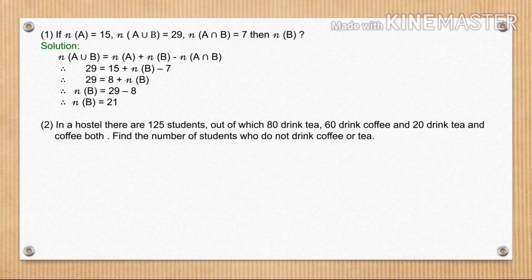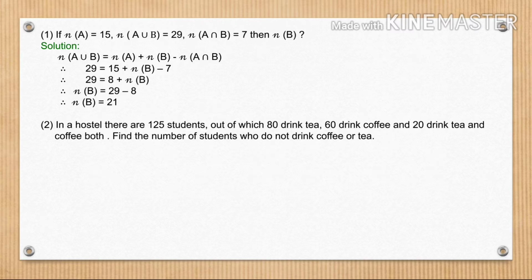But it does not mean that 80 students drink only tea. These 80 students drink tea as well as some other drink also, and there are 60 students who drink coffee and other drinks also. Because see here, 80 plus 60 total is 140, but in the school hostel there are how many students?